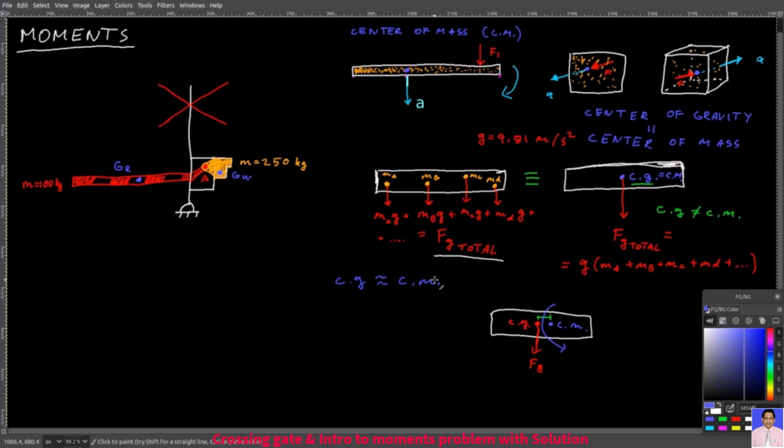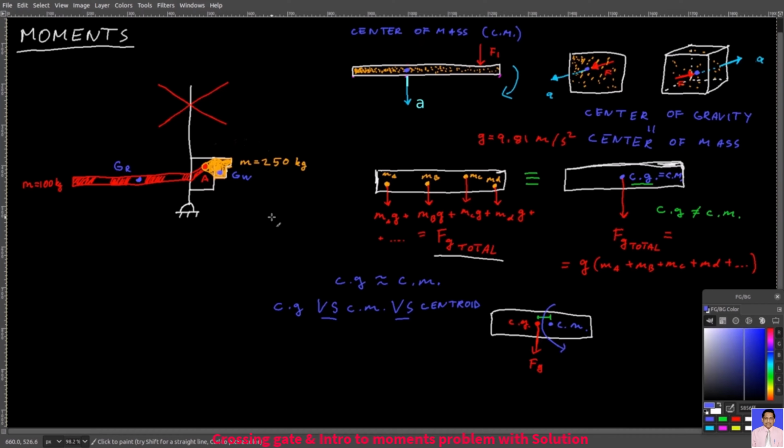If you're a space engineer, then you have to take that difference into account, but not in regular statics problems. Nevertheless, I'll cover that more in the section for distributed loads. Over there you will see the difference between the center of gravity, center of mass, and something called the centroid.